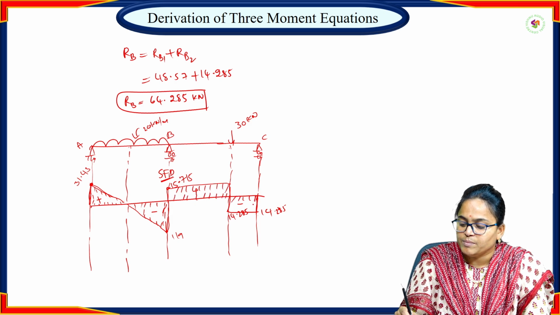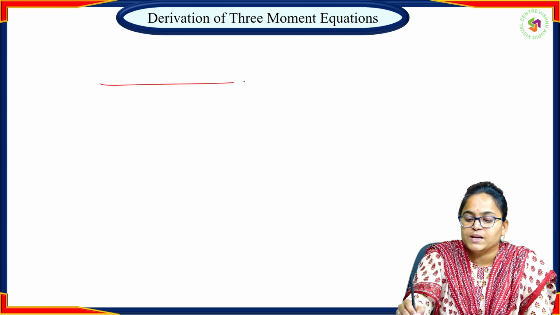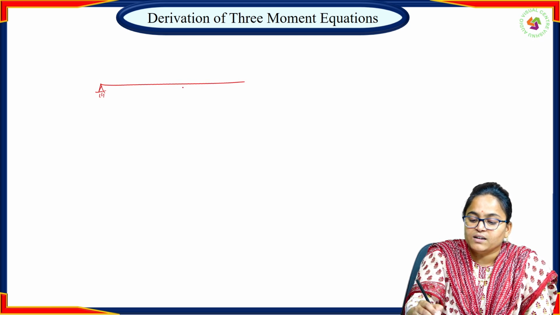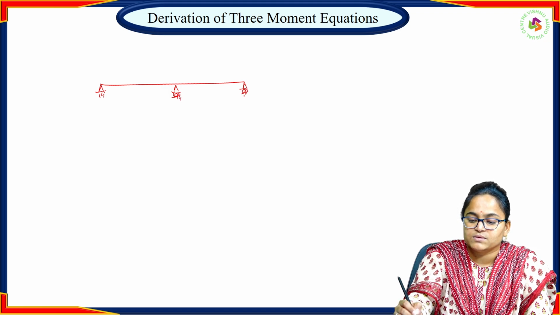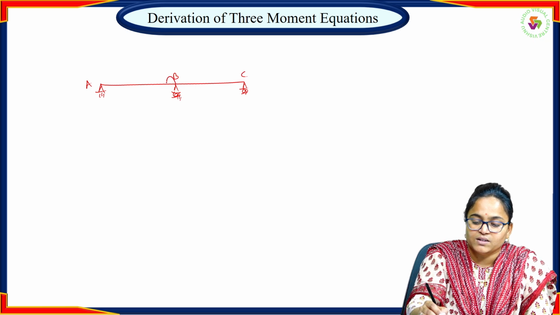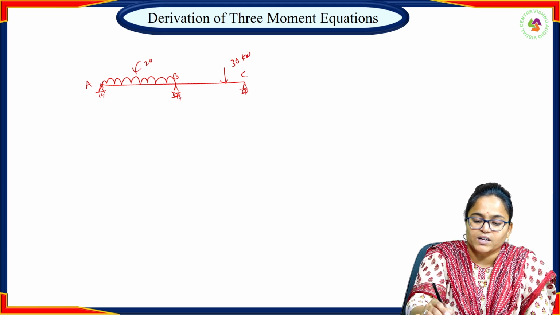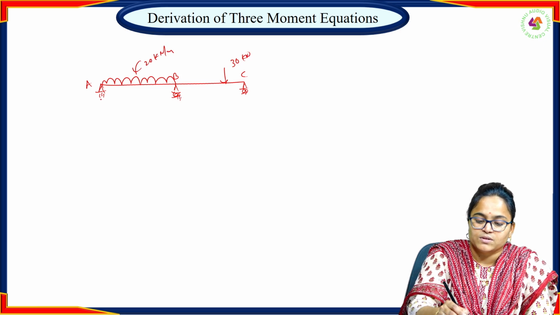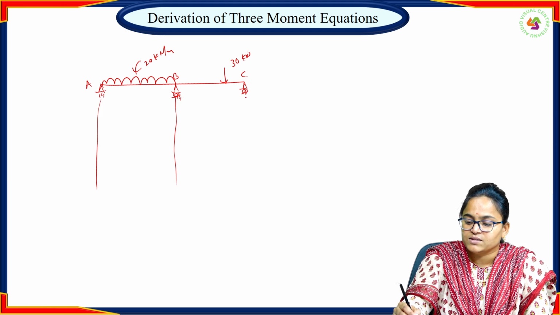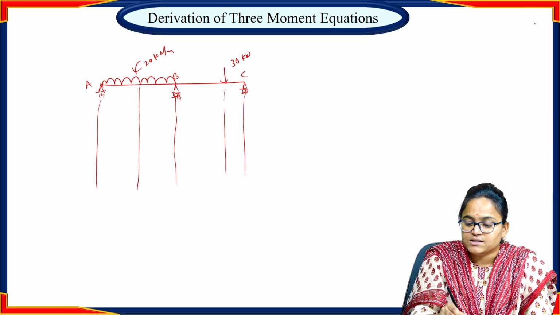Now we want the BMD for this. To draw the BMD, again draw the projection lines from all the supports. This is A, this is B and C. This is the 30 kilonewton load, this is the 20 kilonewton per meter UDL. So draw the projection lines like this.